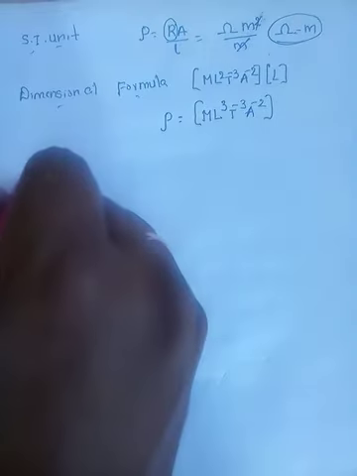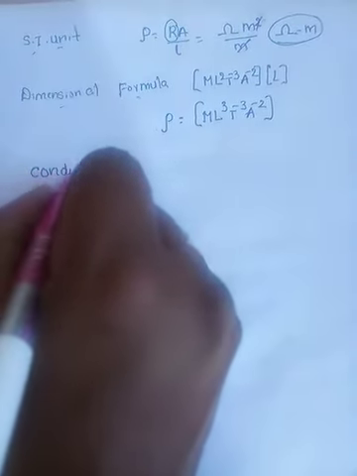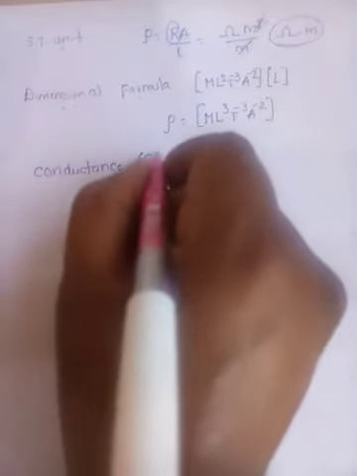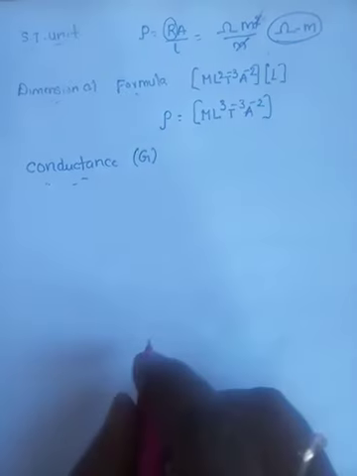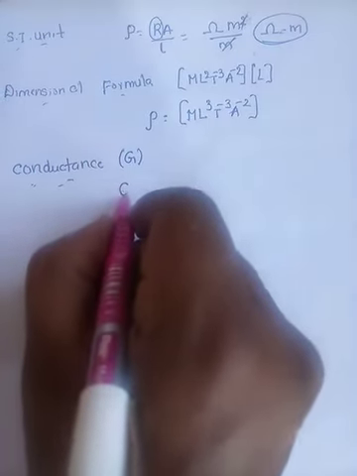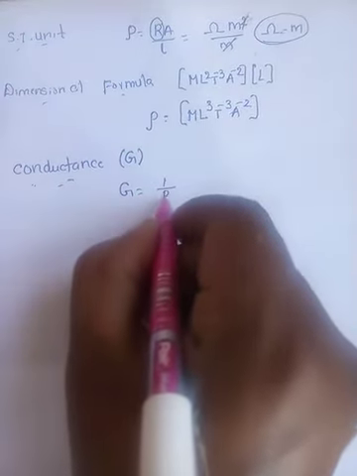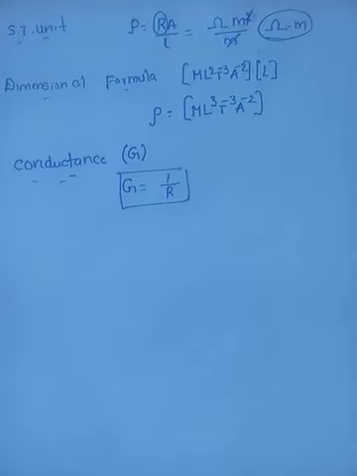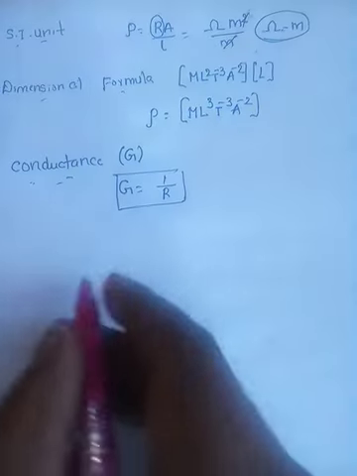Here two more quantities will come. One is conductance, that is represented as G. G is equal to 1 by R. That which opposes the flow of charge is called what? Resistance. That which allows the flow of charge is called what? Conductance.